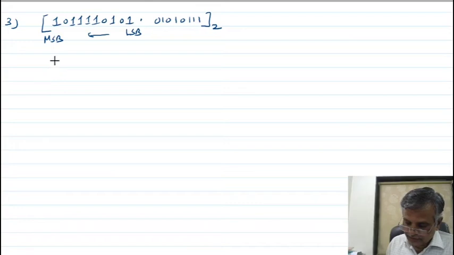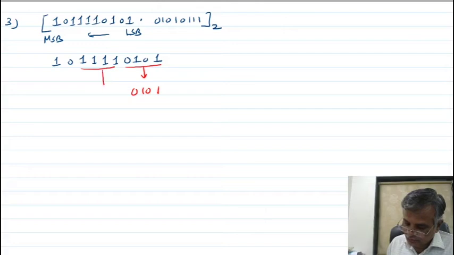So let me write 1011110101. Now I am preparing the groups: first 4 is 0101, then 1111.